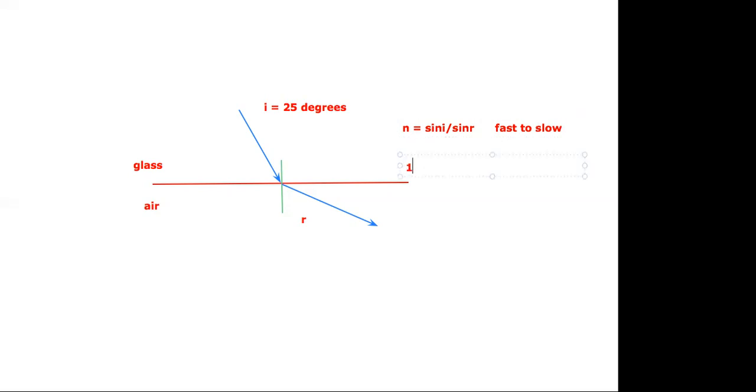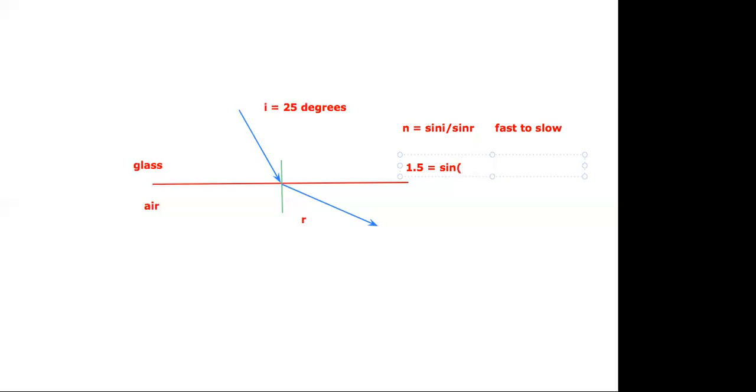So glass, 1.5 for the index of refraction, as we saw in our lab on YouTube. And then the sine of the incident angle, which is actually on the fast side, it's R this time. Even though you might see sine I over sine R in a book, you got to make sure you know what you're doing with the numbers.